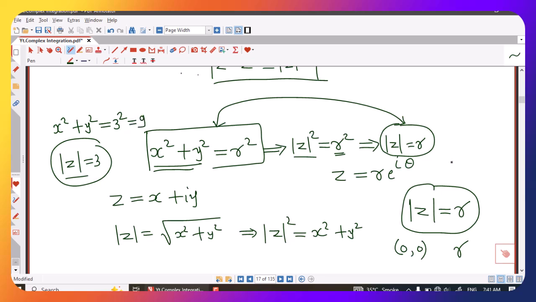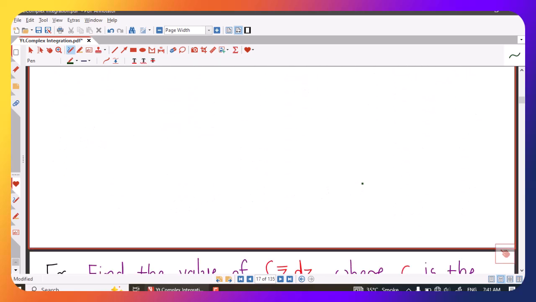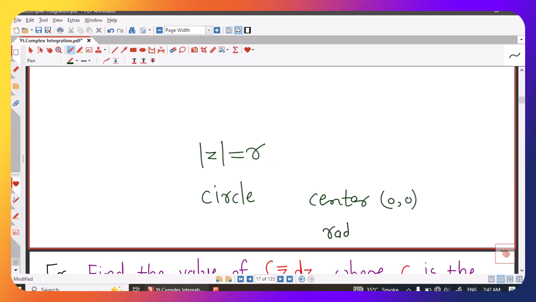So remember, this is the representation for a circle with center origin and radius r, and whenever required we will use it. We will always keep in mind that mod z equal to r represents a circle whose center is the origin, that is z equal to 0, and whose radius is r, whatever value is given.